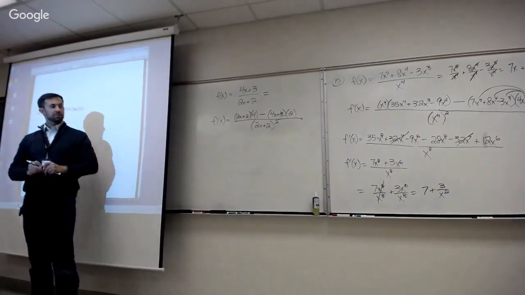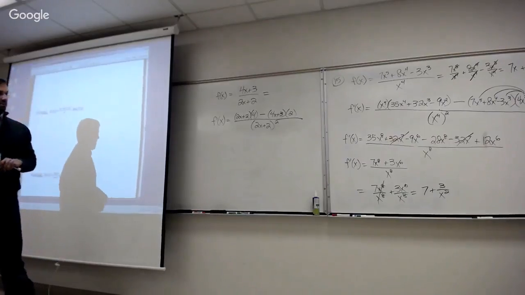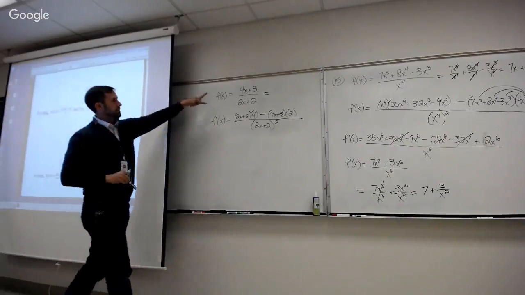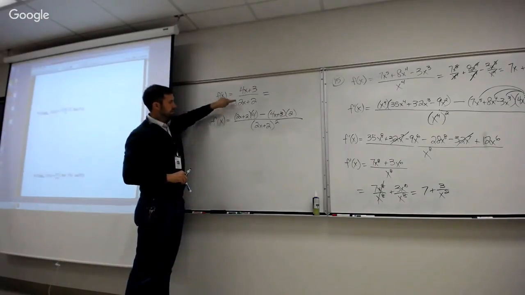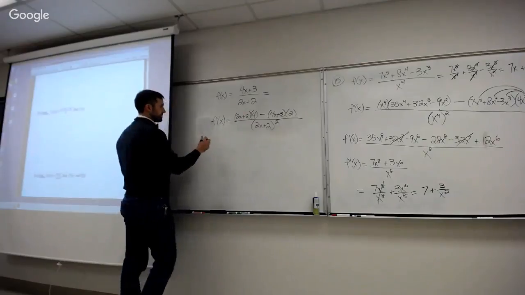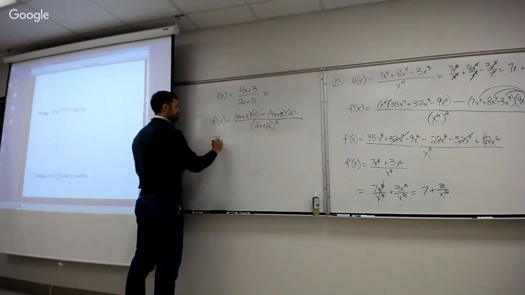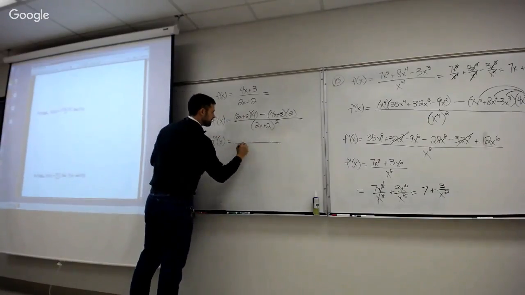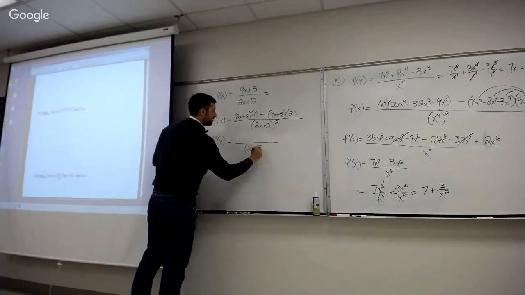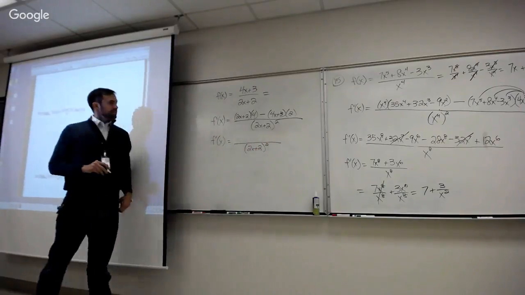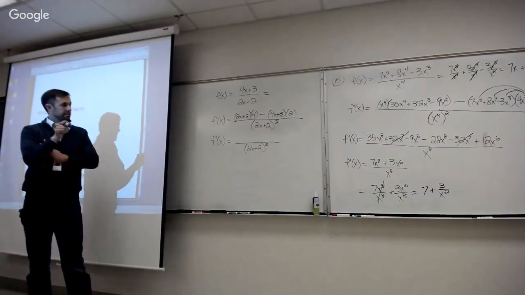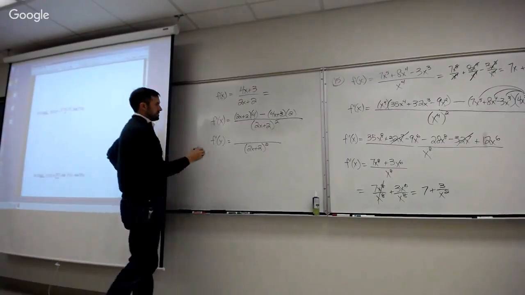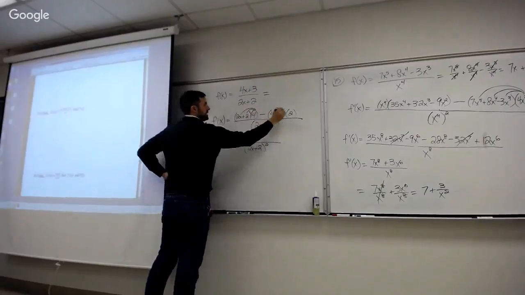Okay, did we do it? That was the quotient rule. Ho d high minus high d ho all over ho ho. And now what do we get to do with all that? Simplify. So we would distribute and distribute.